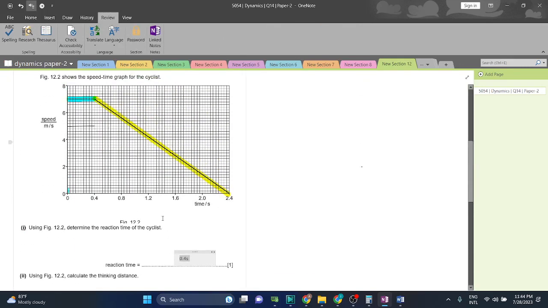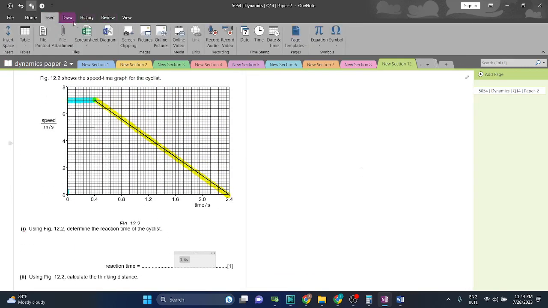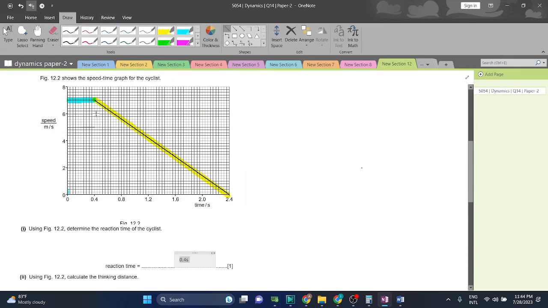Calculate the thinking distance. Thinking distance will be, this reaction time has come, right? Reaction time is 0.4, and his speed is 7. Reaction time and thinking time will be the same thing, and speed is equal to distance divided by time.